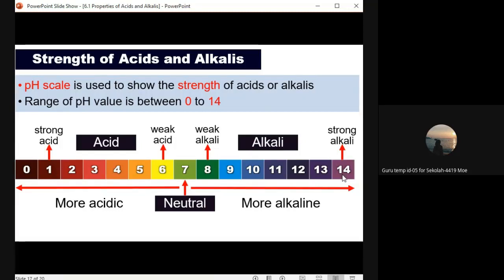But for alkali, okay, the bigger the number, for example 14, the stronger it is. So maybe it is a bit confusing, but if you remember the number, just remember the number, okay? The closer it is to 7, then it is weak. If it is far from 7, it is strong. Okay.